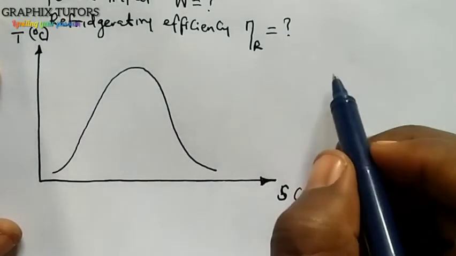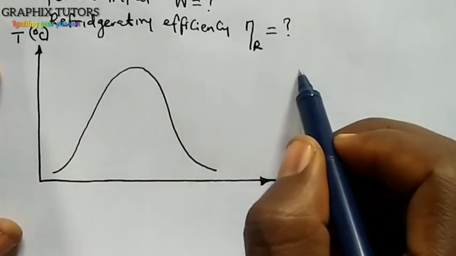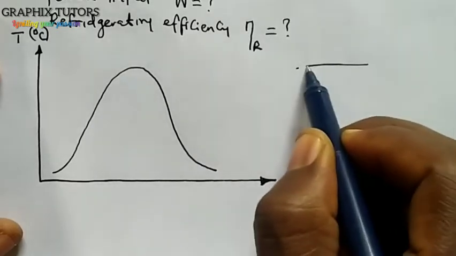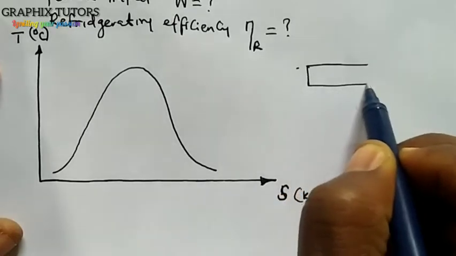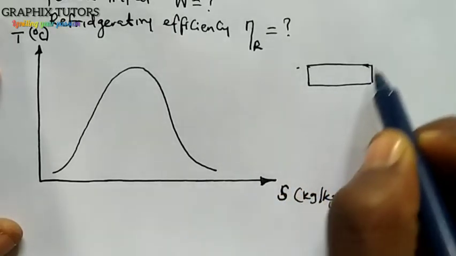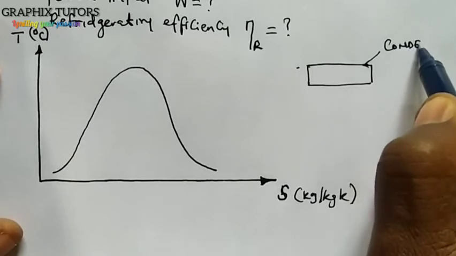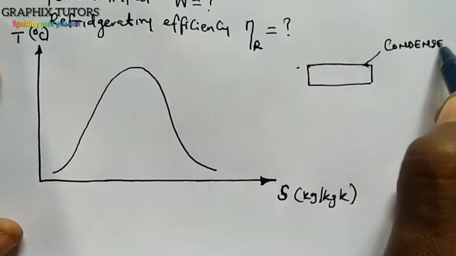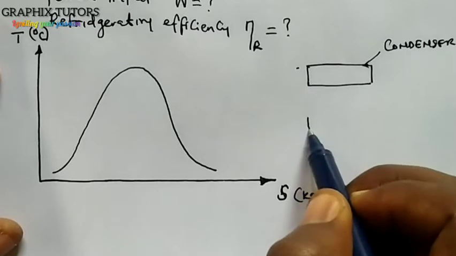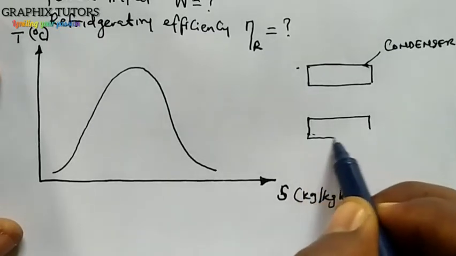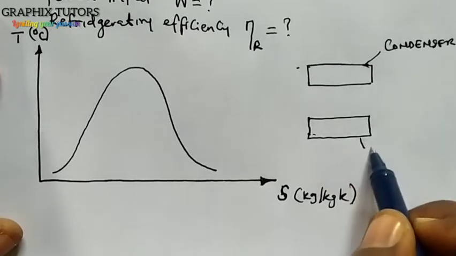To guide you, let's draw our Carnot cycle. We have something like this, which gives us our condenser. I will have another one just below it, which gives us our evaporator.